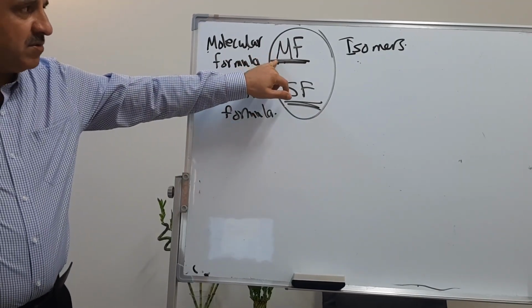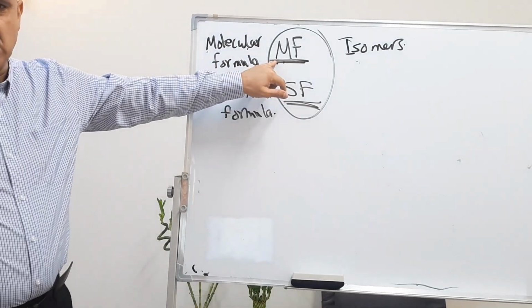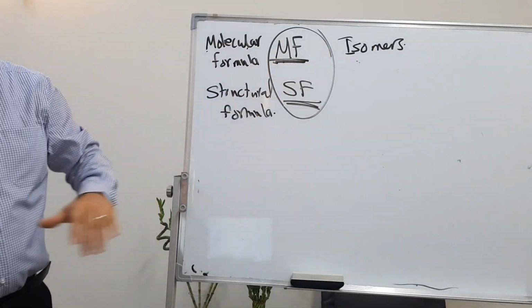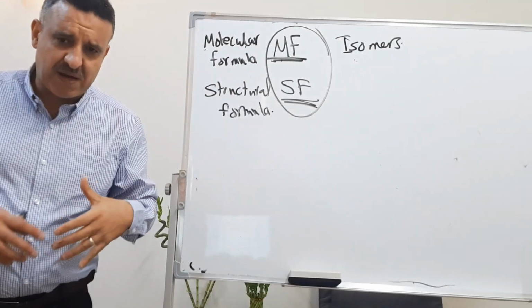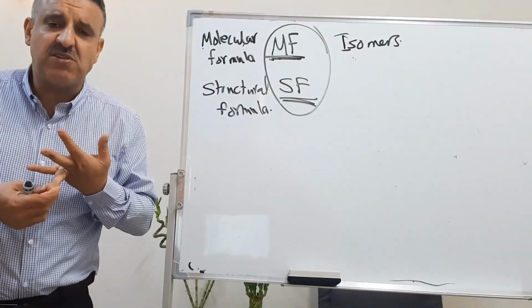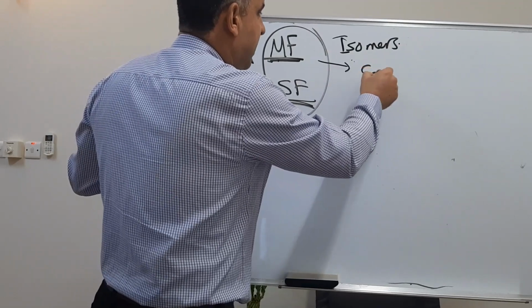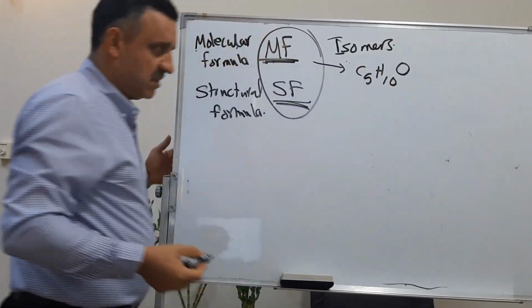Just to remind you, if some of you forgot what you learned in General Chemistry 2101, what is the molecular formula? The molecular formula is a formula that gives us information about the number and the type of atoms present in a compound. For example, a molecular formula can be C5H10O, like this.